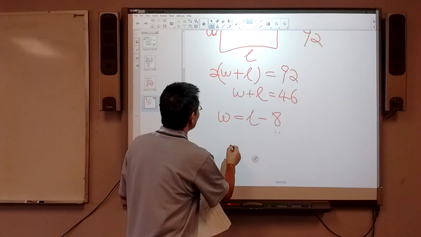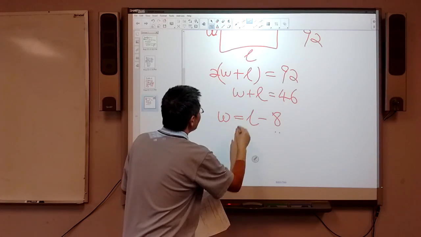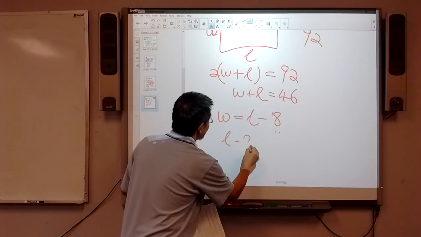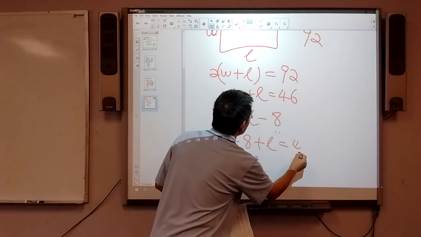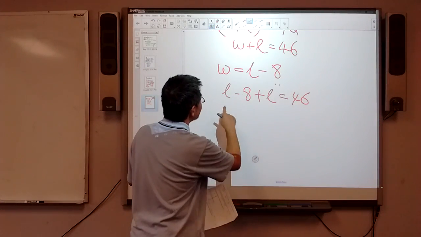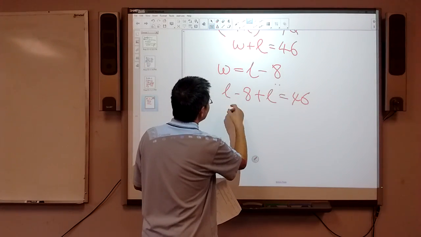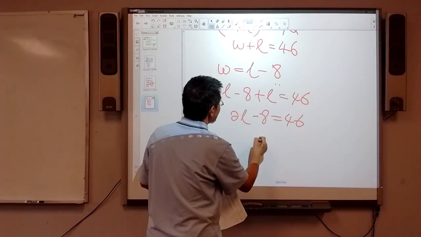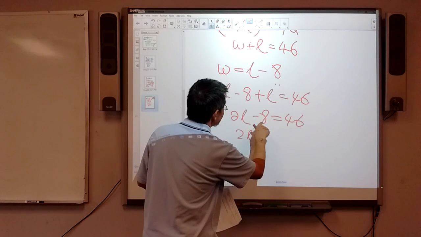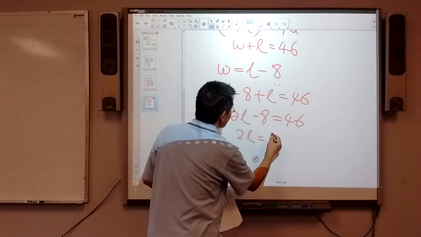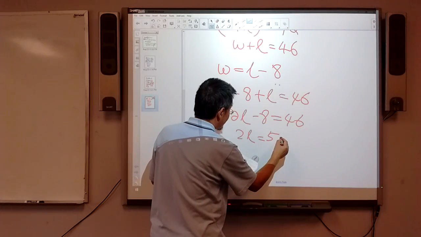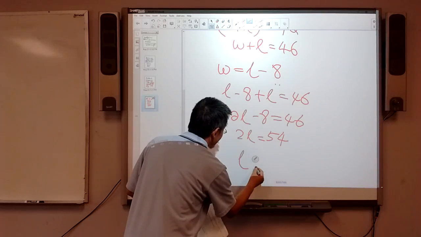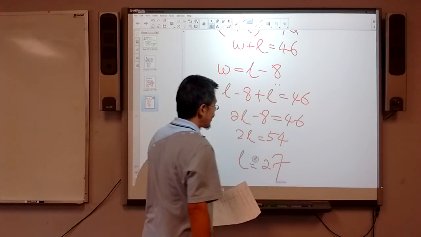You plug in here, you got L minus 8 plus L equals 46. And when we do that, it's 2L minus 8 equals 46. 2L equals 54. So therefore, L is 27. That's how we got there, right?